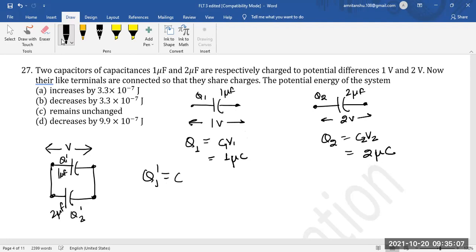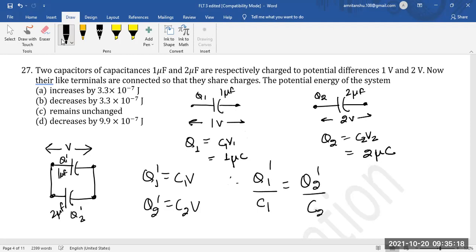Q1 dash is equal to C1 V and Q2 dash is equal to C2 V. Therefore, Q1 dash by C1 equals Q2 dash by C2.